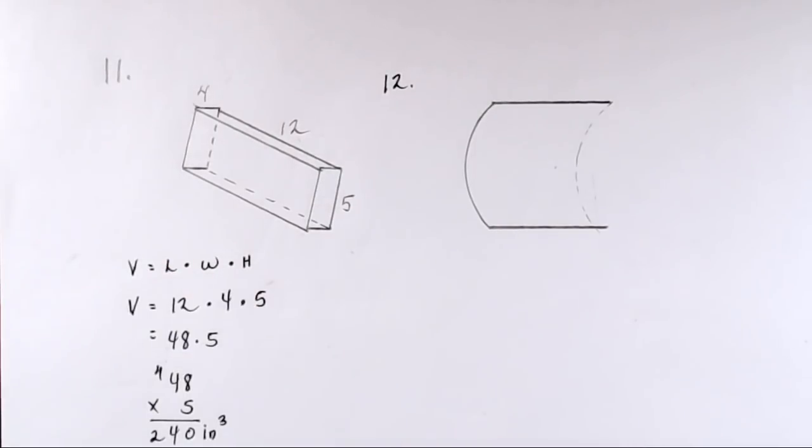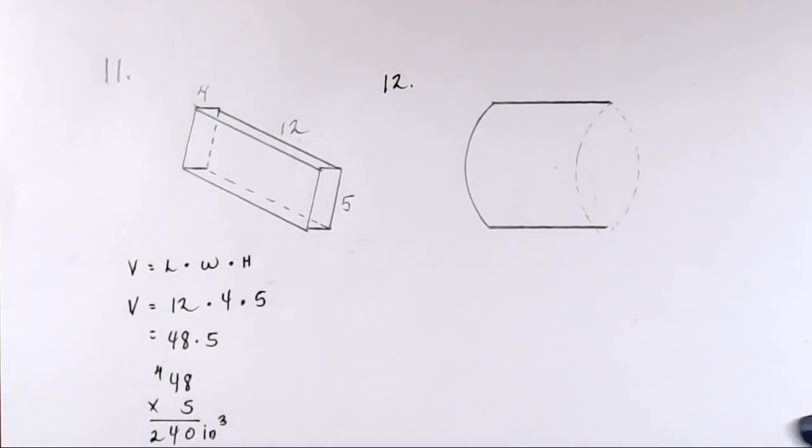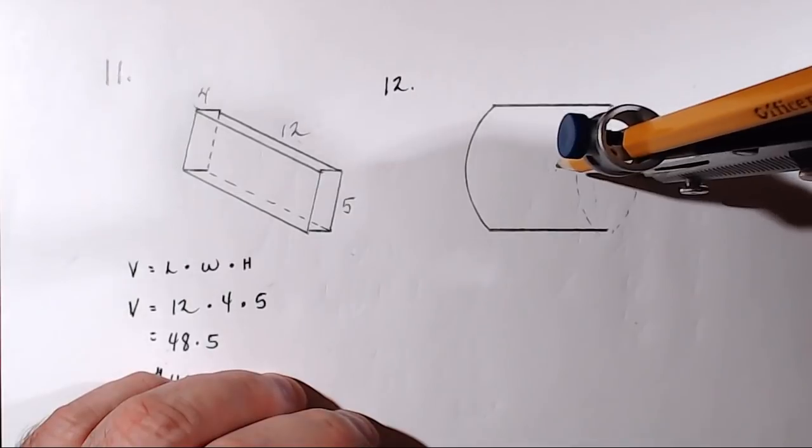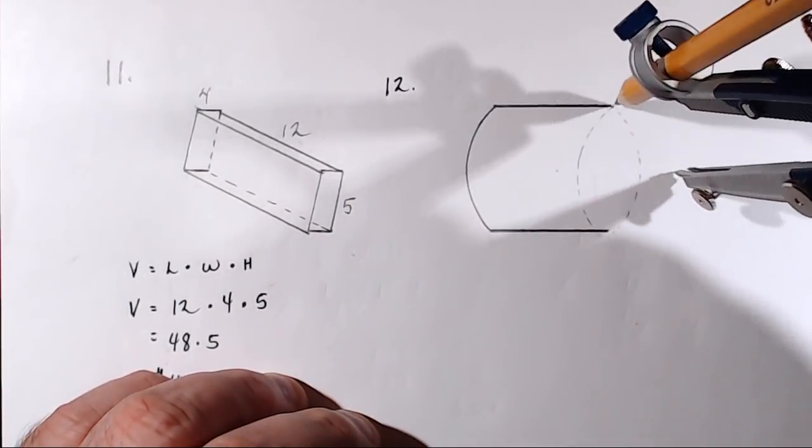Whoops, didn't quite make it there, did I? Okay, so there's the other half of the drum, or whatever this is, like this cylinder that's on its side.